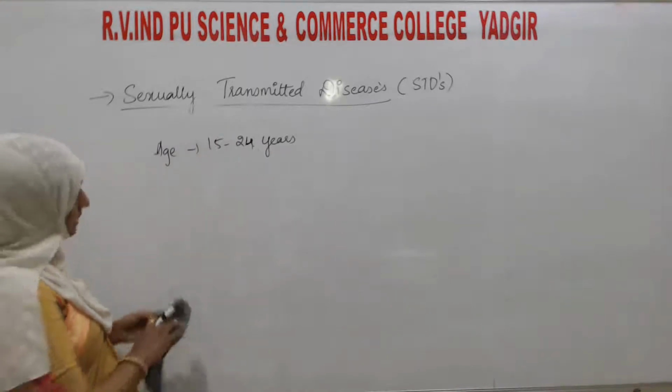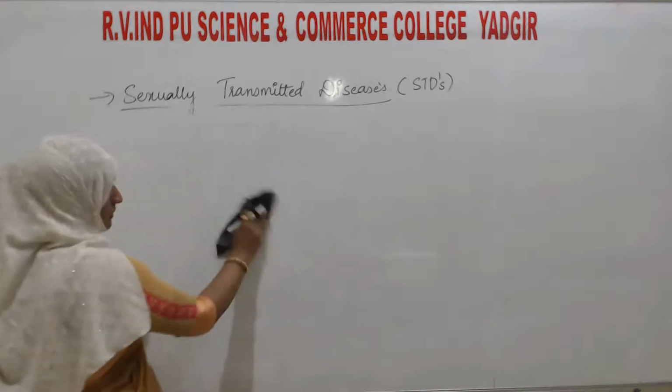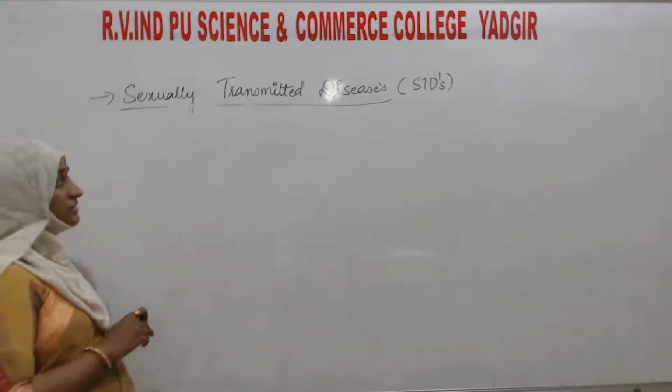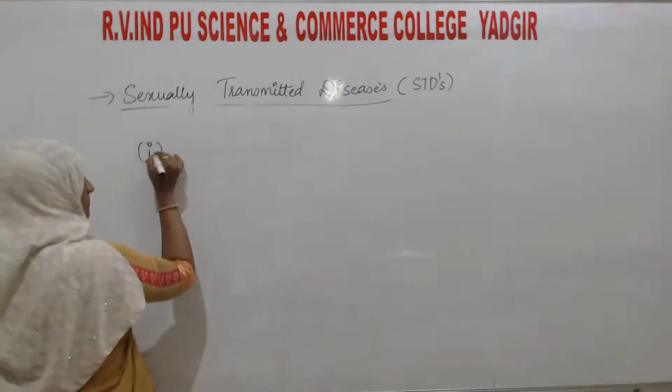Next, what are the principles to prevent these infections? The first one is to avoid sex with unknown persons or multiple persons.